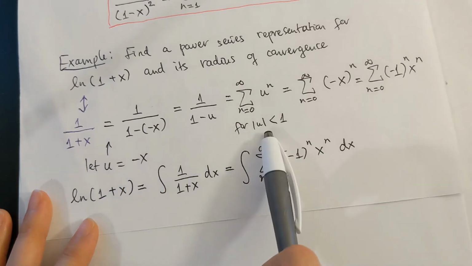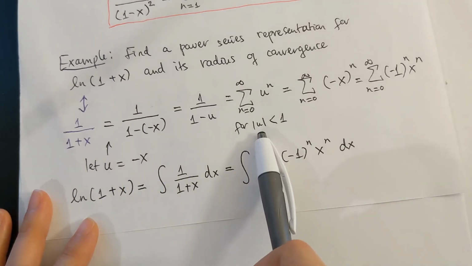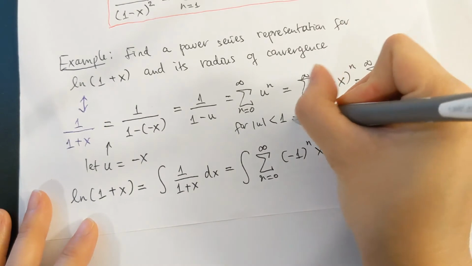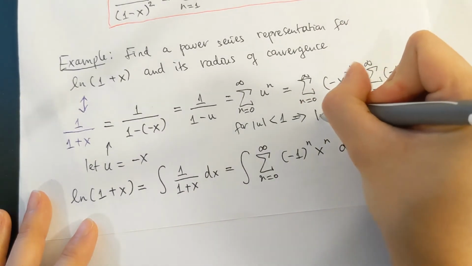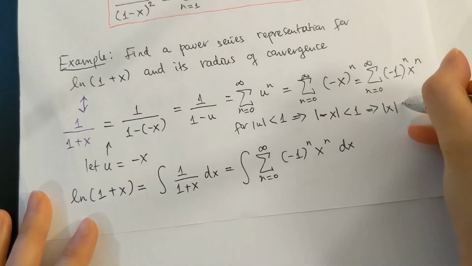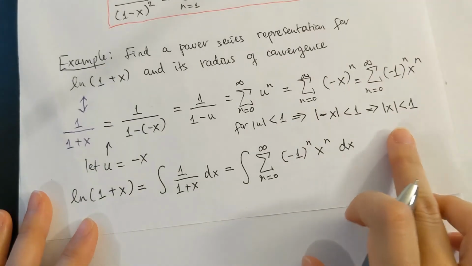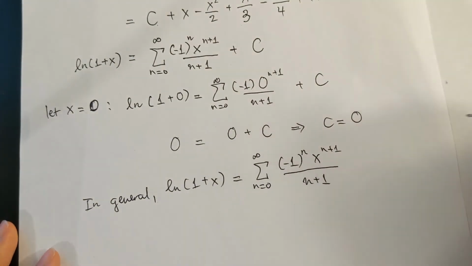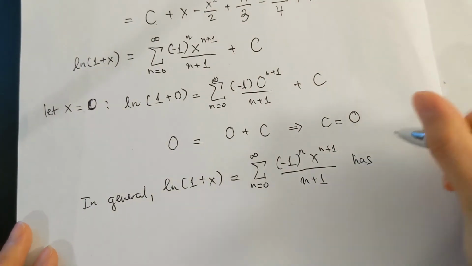Here u is minus x. If you put minus x in here, it's the same thing: absolute value of x less than 1. So the radius of convergence here is 1. So the radius of convergence here is also 1.